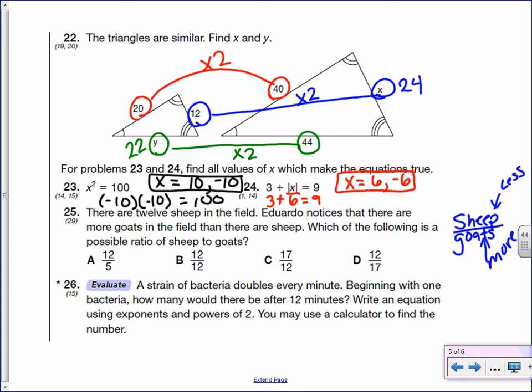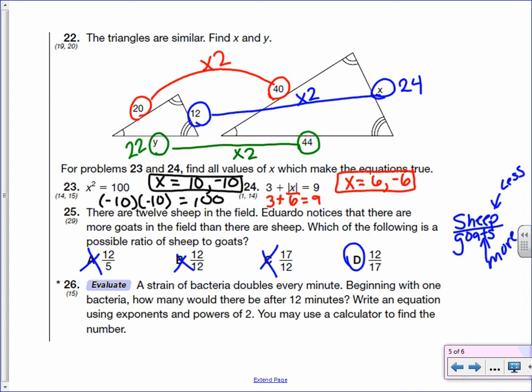So when we look at these numbers, we know that the bottom number has to be bigger than the top number. So that is not true in A. They're equal in B, and it's not true in C. So the only one where the bottom number, meaning the one that represents the goats, is bigger than the top number representing the sheep, is D.